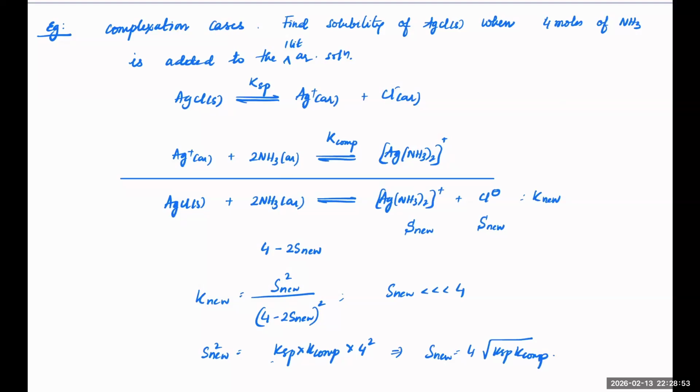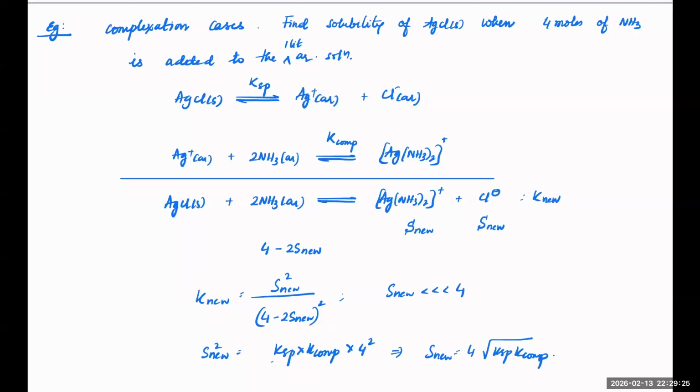You should always judge how much the K new value is, because K new value is Ksp into K complexation. Ksp is a very, very low value, usually in the range of 10 raised to the power of minus 10, while complexation will be a very high value, in the range of 10 raised to the power of 25 and above. So obviously this K new will be a very high value. But it is not so in all cases. In some cases, you will notice that the complexation value is not that high.